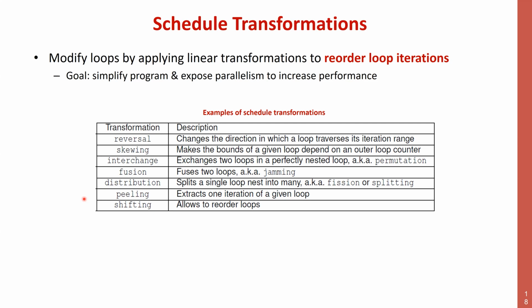Maybe I could fuse them, which means that I do iteration 0 for one body, iteration 0 for the second body, iteration 1 for one body, iteration 1 for the other body, and so forth. I'm interspersing the iterations. So it's a schedule transformation. It's a transformation that changes the order of execution of the bodies. The bodies are the same, so somehow that amounts to the same.